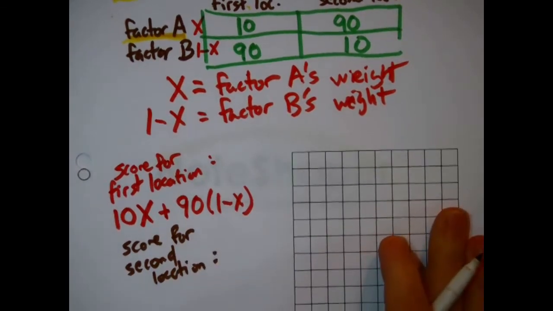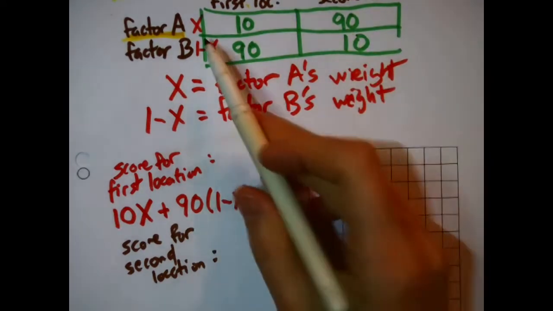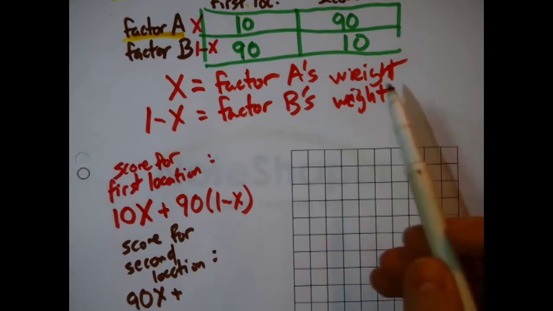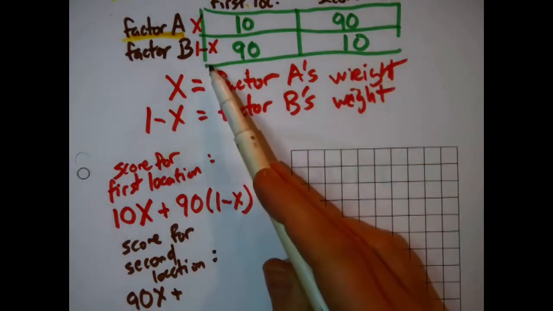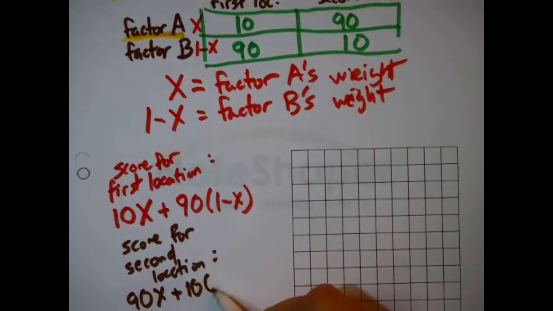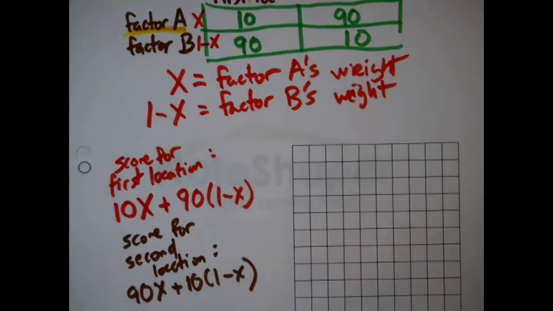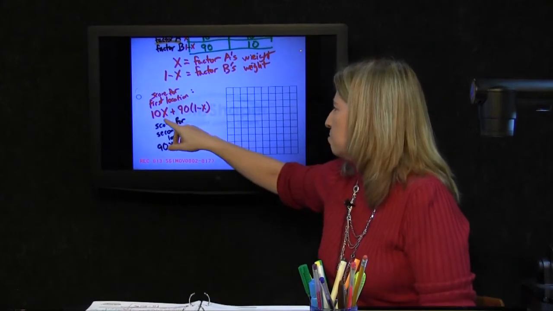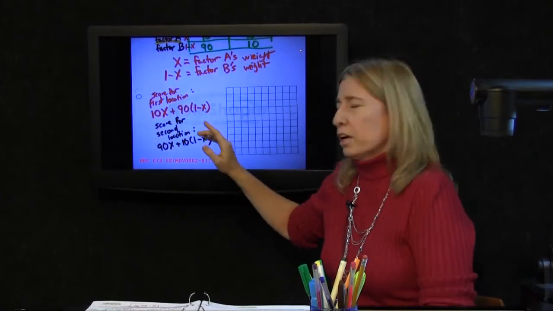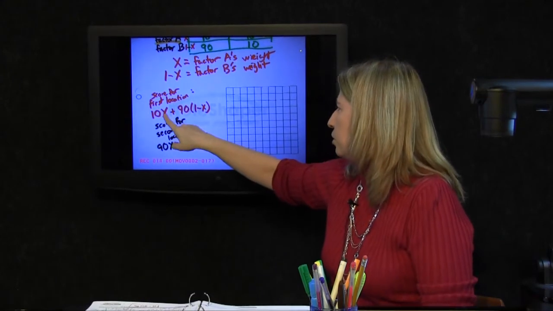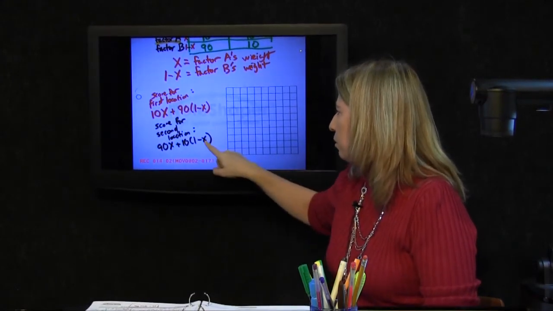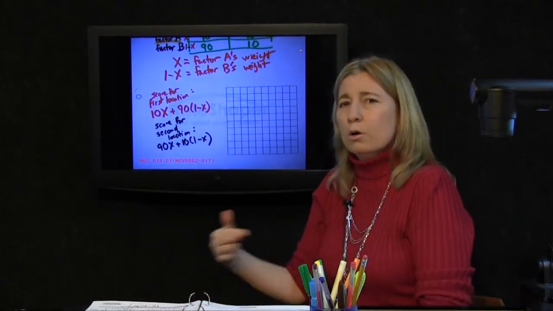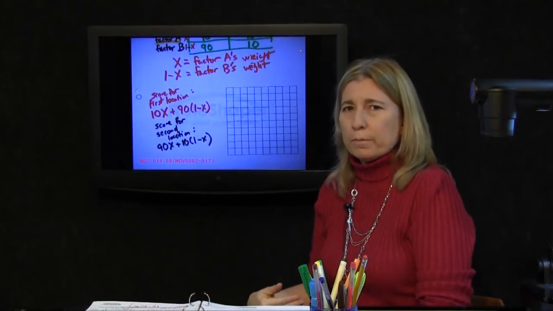Oh, well, you'd say 90 times X plus 10 times 1 minus X. If we wanted to pick X's at random, say like, just test something like x equals 1/4, substitute in 1/4 here, 1/4 here, 1/4 here, 1/4 here, and whichever one of these two things comes out larger, the larger score, we would pick that particular location.